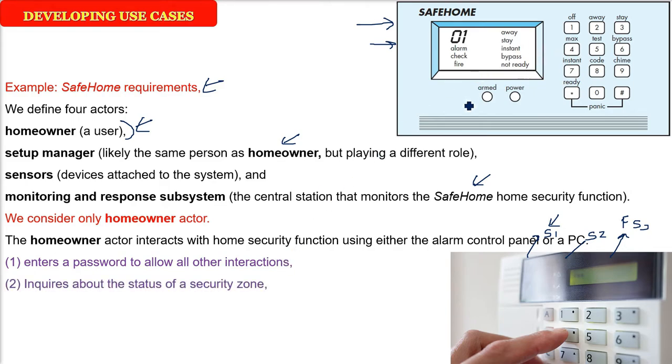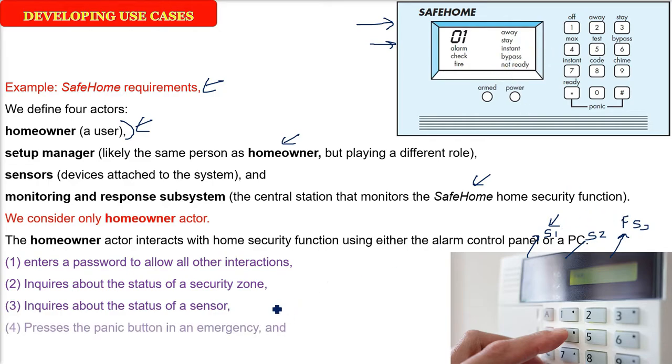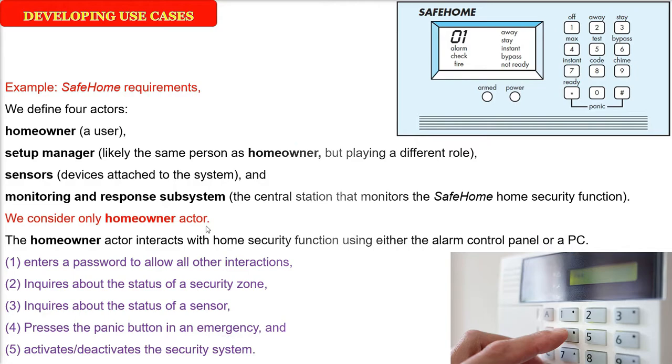That is how he will start the interaction. This is how things are normally done in your mobile and computer also. He will inquire about the status of the sensors, because sensors will give you all the information. There is the panic button, if at all it is there for emergency, and he can arm or disarm the system, or activate or deactivate the security system.